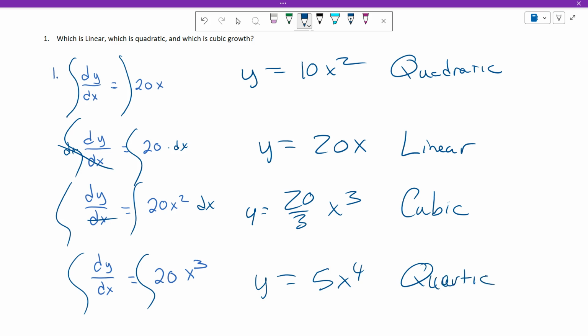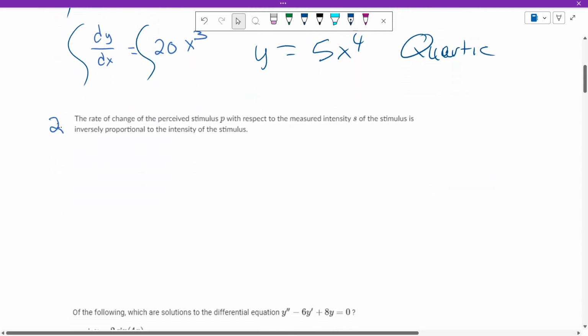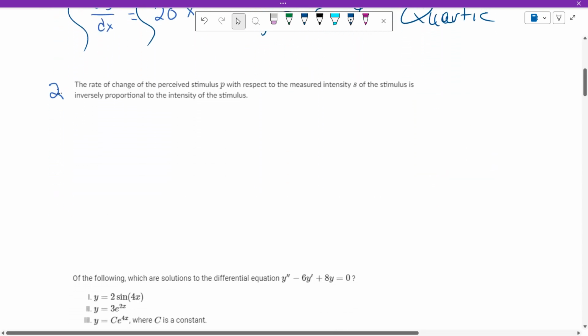Okay? So, do I care? No. The rate of change of received stimulus P with respect to the measured intensity S of the stimulus is inversely proportional to the intensity of the stimulus.